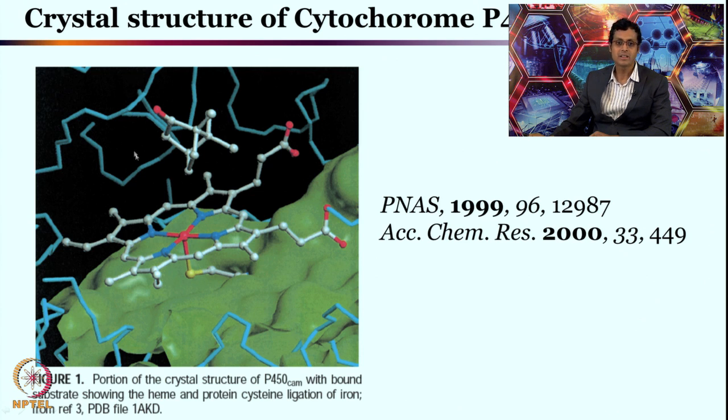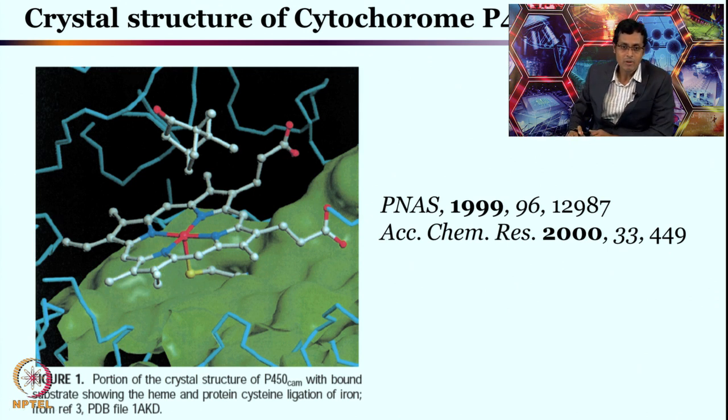Now, the orientation of this organic substrate in front of the active site will dictate which CH bond is to be hydroxylated or functionalized. In these cases, or any enzyme, the side pockets which are not directly part of the main active site play a crucial role in dictating the reactivity pattern on the substrate.